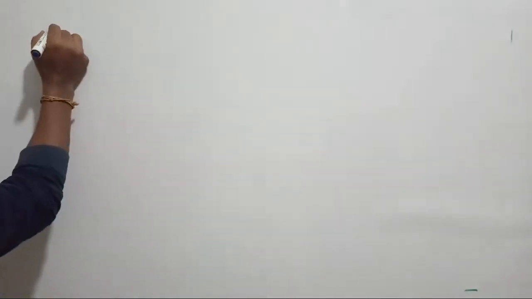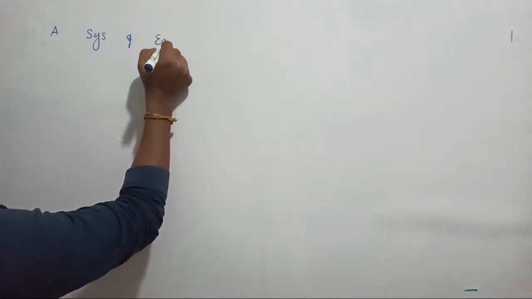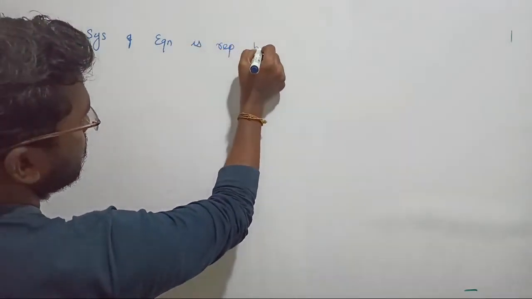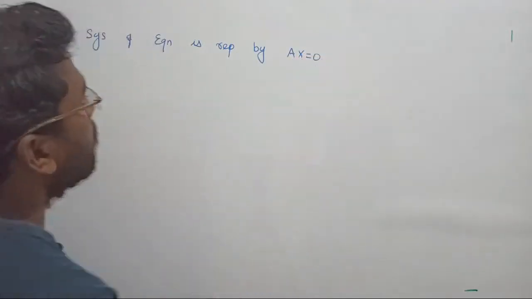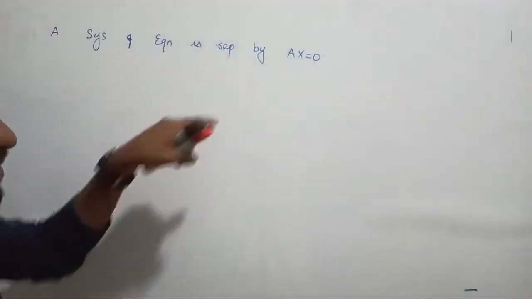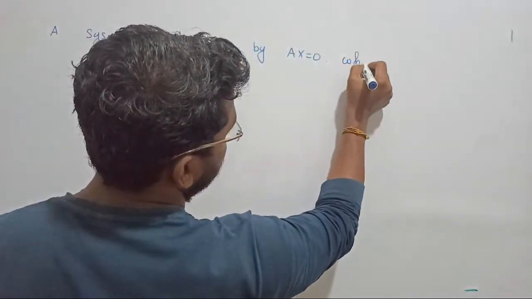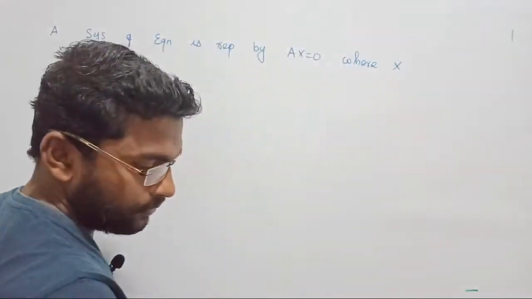Yeah, fine. The second question is, guys please write the statement: a system of equations is represented by Ax equal to 0, where x is a column vector of unknowns.